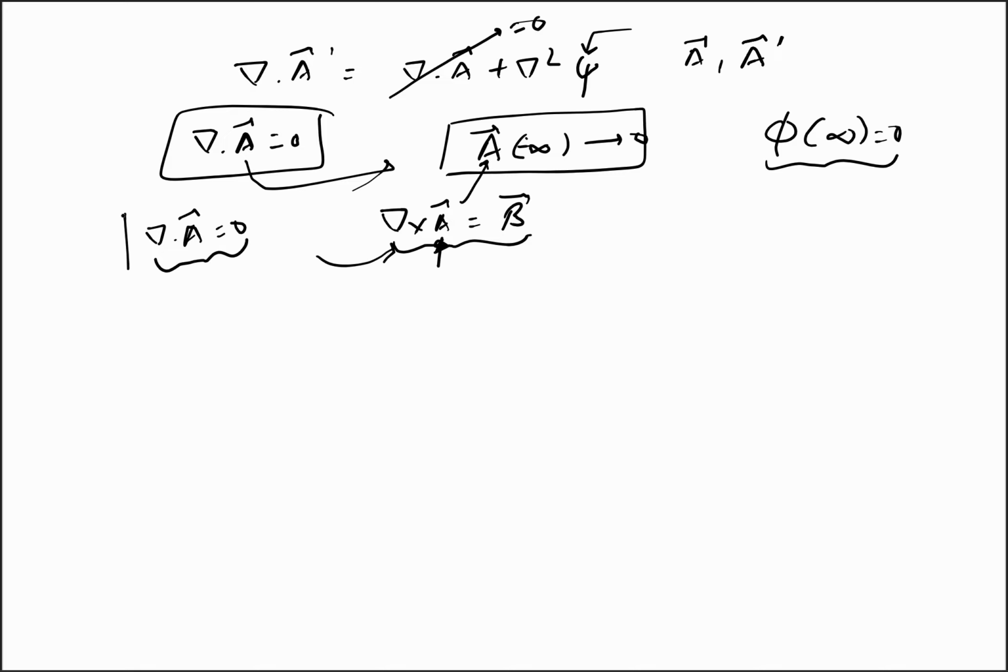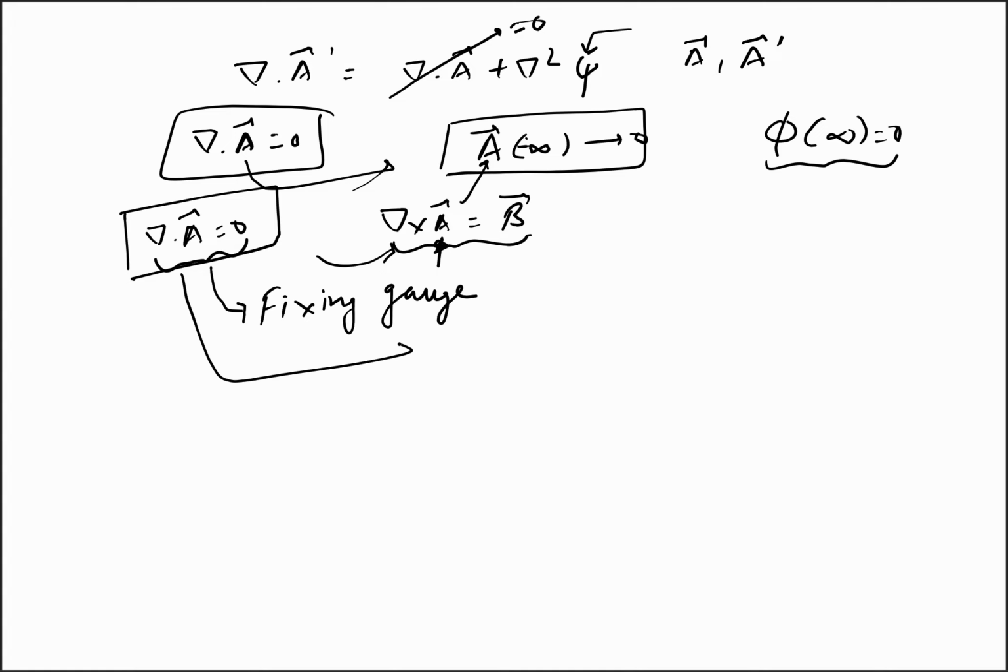Now this condition on del dot A is called fixing the gauge, and for magnetostatics this condition del dot A equal to 0 is called Coulomb's gauge.